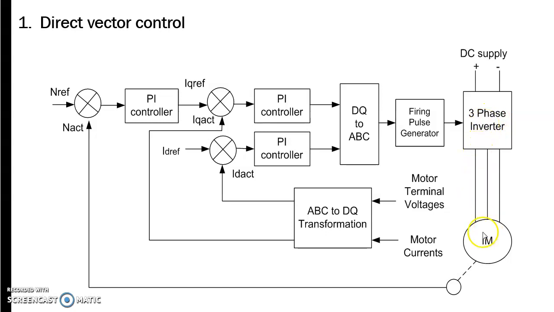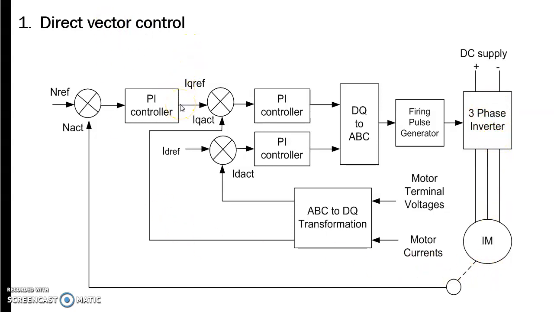So you should understand we have separate control over IQ and ID. This PI controller controls IQ, the torque producing component, this one controls ID, the flux producing component, and this one controls the speed. So we have separate control over torque and flux. Depending upon that, the firing pulses are generated to control the three-phase inverter. This is the direct vector control.